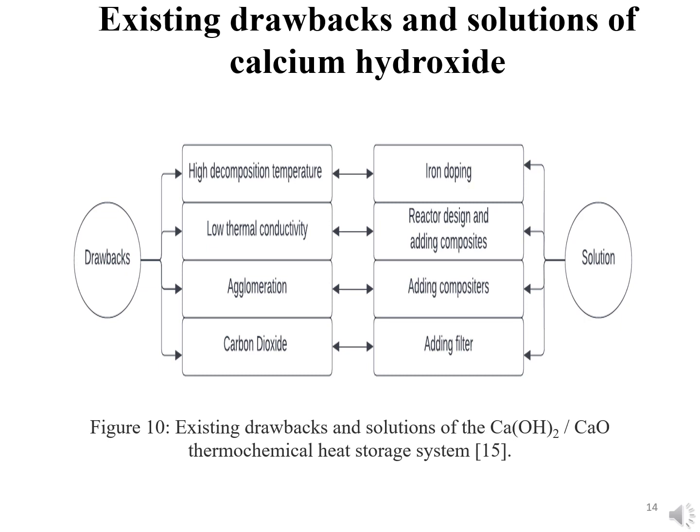After researching, we came to know that drawbacks such as high decomposition temperature, low thermal conductivity, formation of agglomeration, and the problem of carbon dioxide were seen, where proper solutions were given: for high decomposition temperature, iron doping was suggested; for low thermal conductivity, reactor design and adding composites were suggested; for formation of agglomeration, composites were suggested; and for carbon dioxide, usage of a filter was recommended.